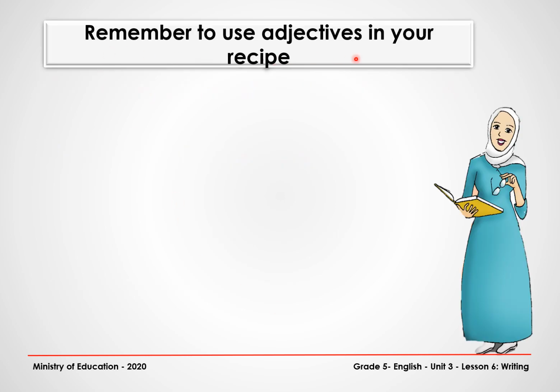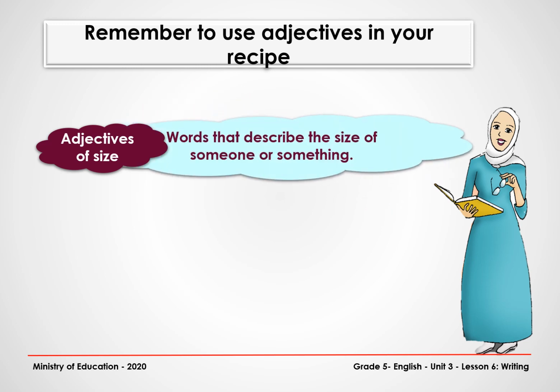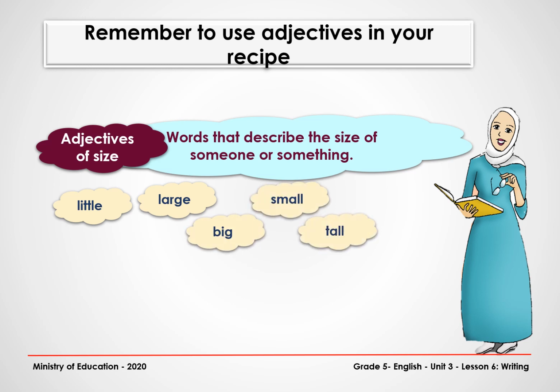Remember to use adjectives in your recipe. Adjectives of size: words that describe the size of someone or something. Examples: little, large, big, small, tall, short.